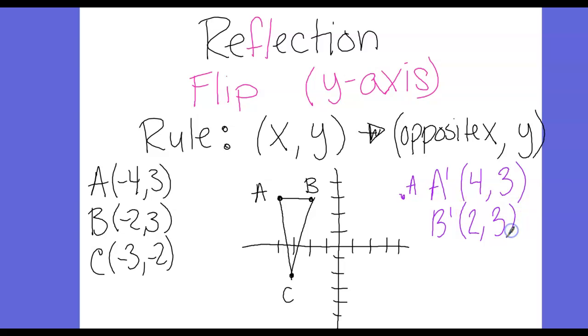Graph that. And your C should be 3, -2. Graph that. And again, it should be the same size and same shape. And it still should be pointing down. Okay, add that to your ring.